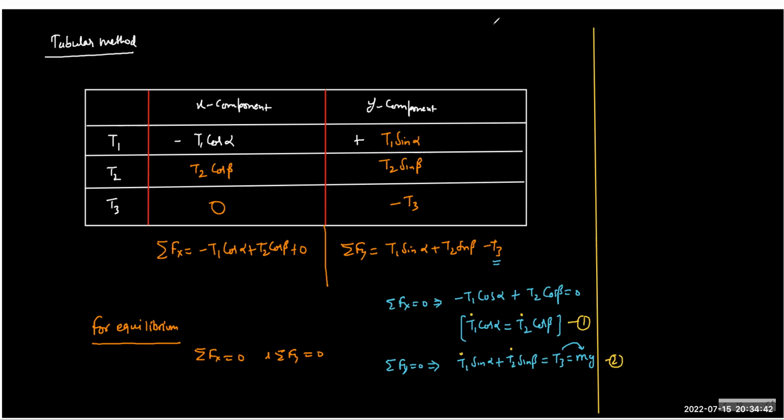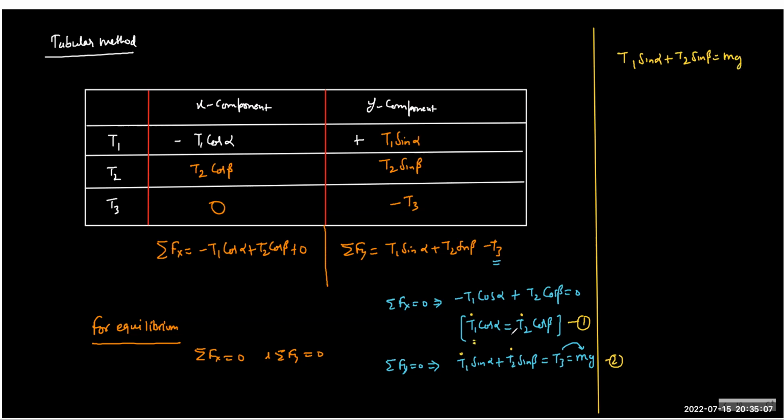Okay, guys, done? Yes or no? Anyone getting the answer? Let me do this. T1 sin alpha plus T2 sin beta is mg. I have this relation.